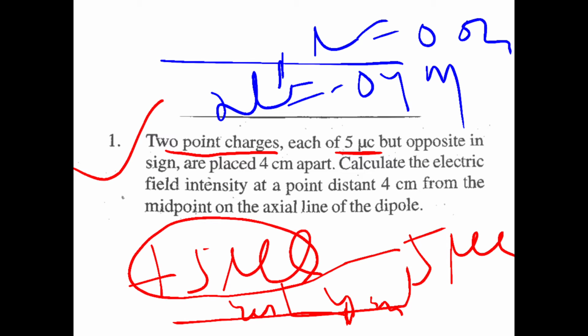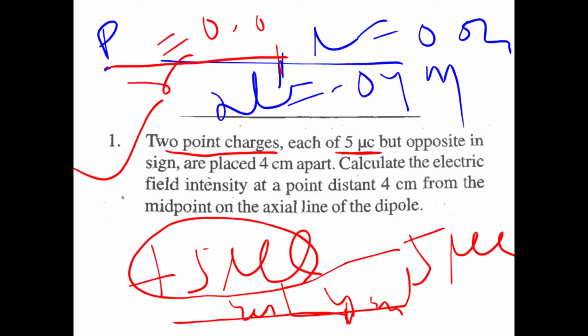Then come to the next point. Here the distance of the point P, which is on the axial line, from the midpoint is r equal to 0.04 meter. We have to calculate the electric field intensity at a point at a distance 4 centimeter. We know the electric field on the axial line is equal to, remember the formula.